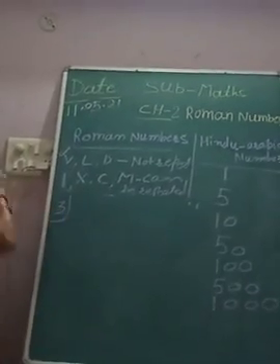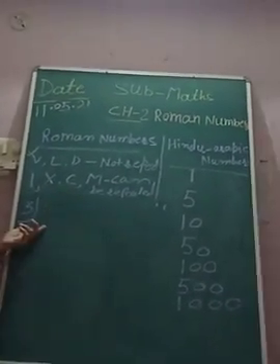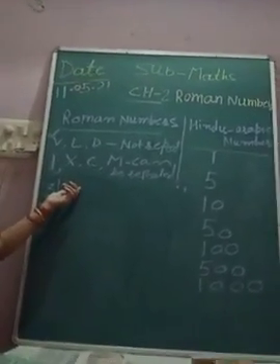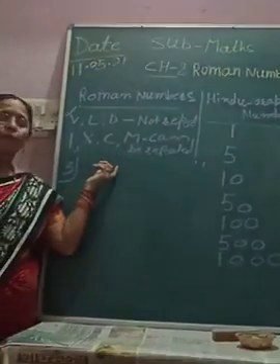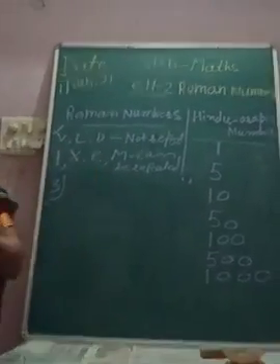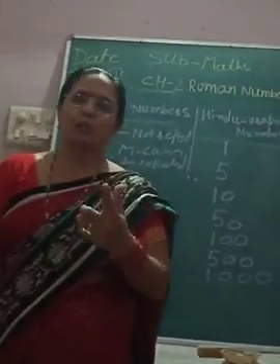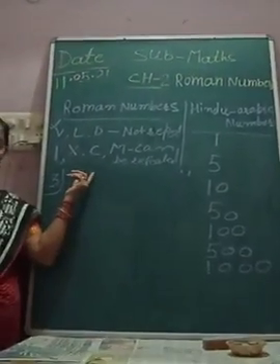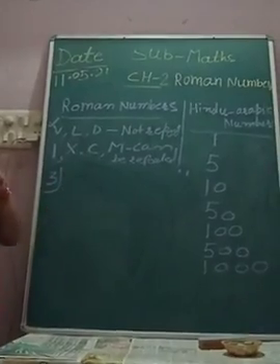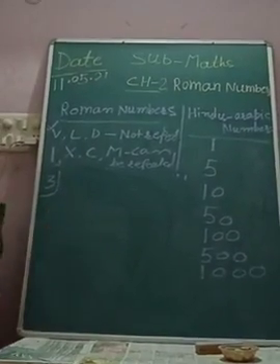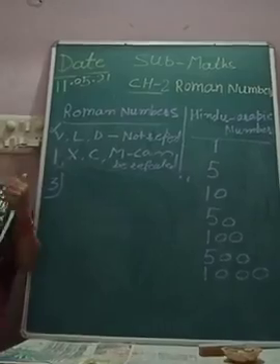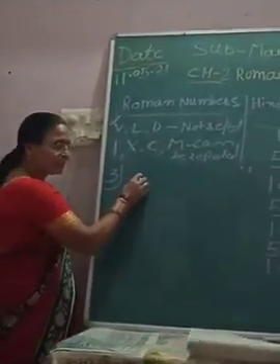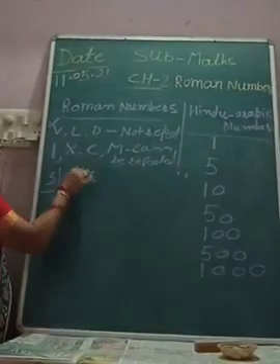Your third rule is the opposite of the second rule. Can you tell me which will be your third rule? Ma'am, when we write the lower digit before the greater digit, the lower digit on the left hand side of the greater digit. Suppose I have written here this.